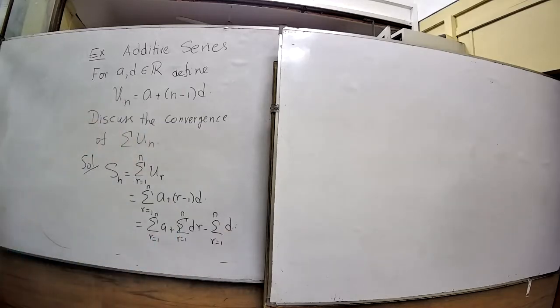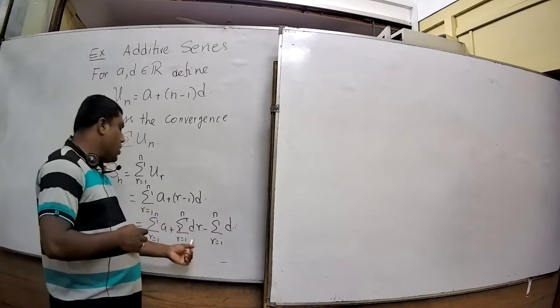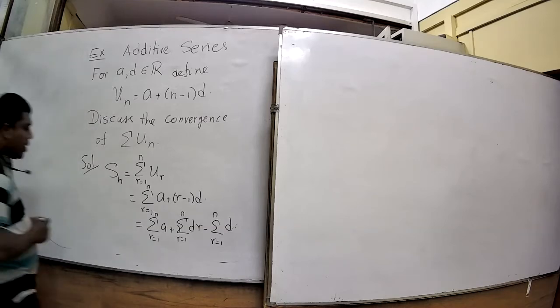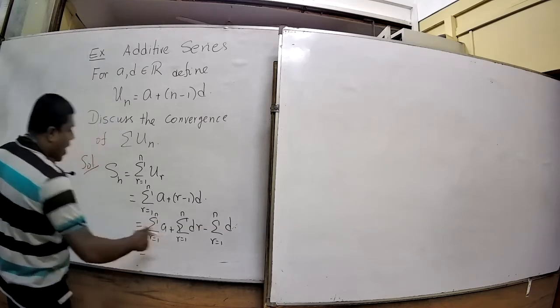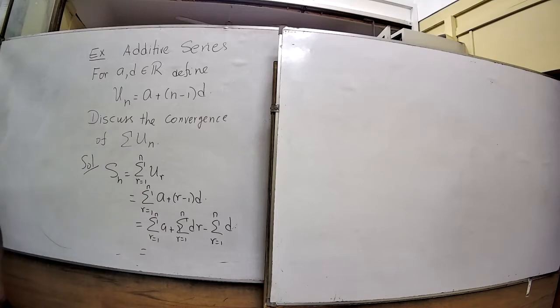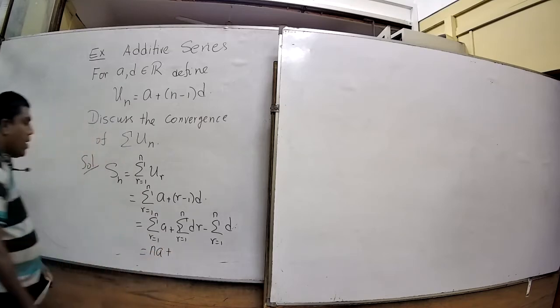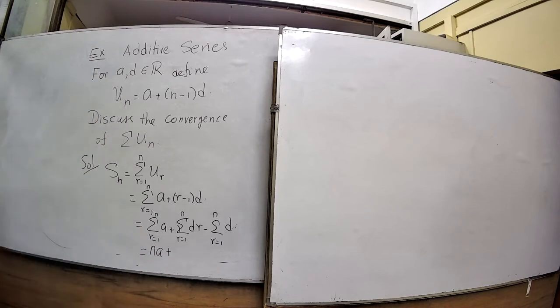So you put the summation for the individual terms, right? Here a is a constant, d is a constant, only r is the variable, right? So here you add a, n times, so it's n times a, plus d times the summation of r, right?